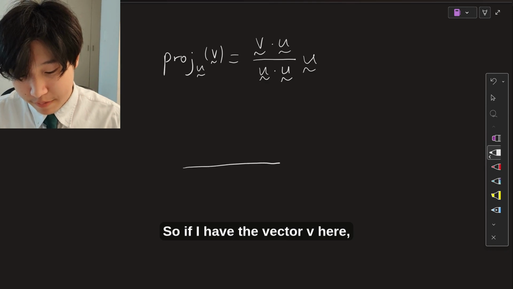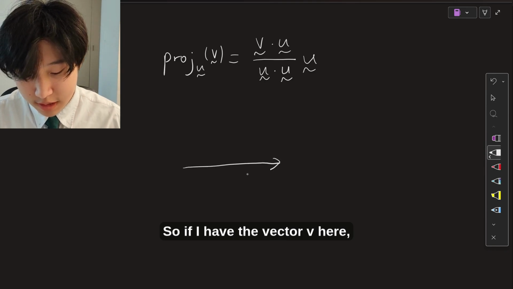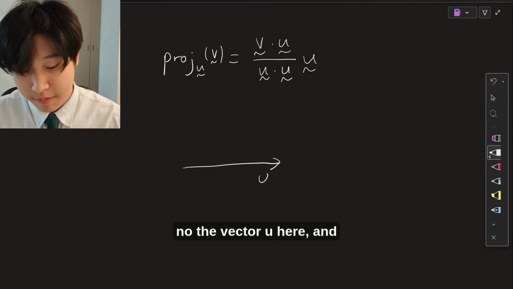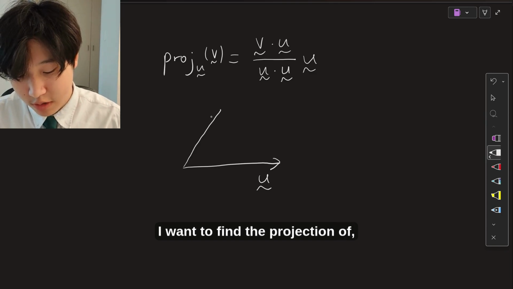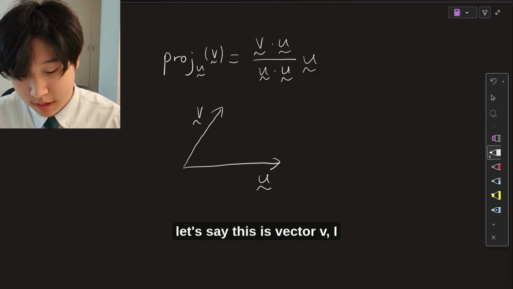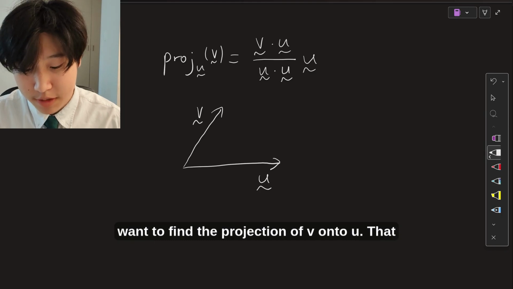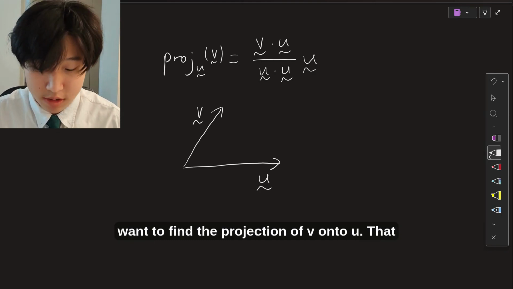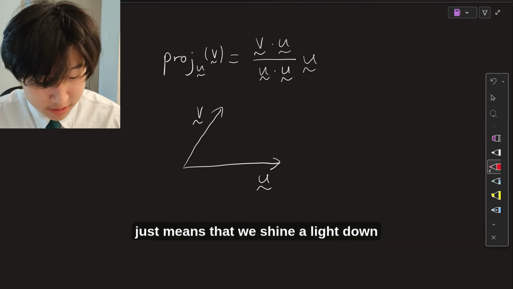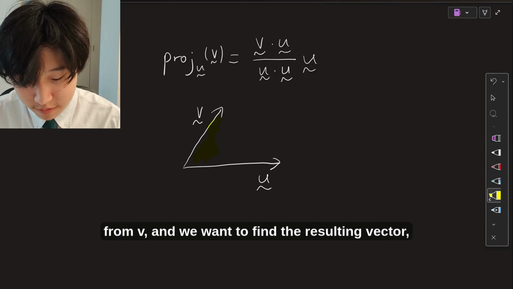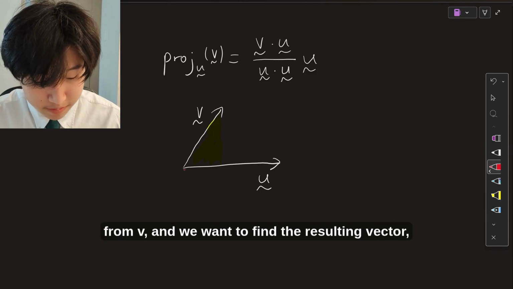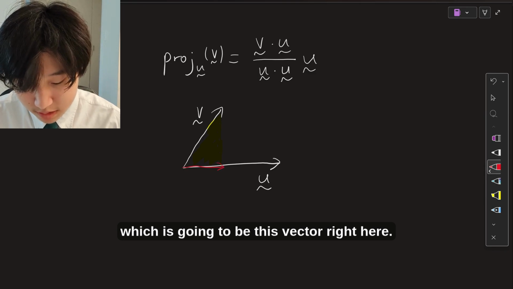So if I have the vector v here, the vector u here, and I want to find the projection of v onto u, that just means that we shine a light down from v, and we want to find the resulting vector, which is going to be this vector right here.